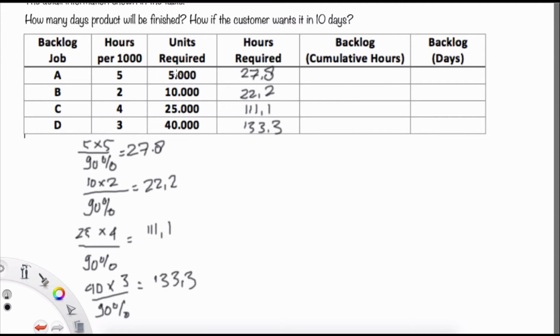The 5 is because the figure is per 1,000, but the requirement is 5,000, so we divide 5,000 by 1,000 and get 5. Then 5 hours divided by the performance of 90% gives 27.8, and you can use the same way to find the others. The backlog cumulative is found by summing 27.8 plus 22.2 and so on.